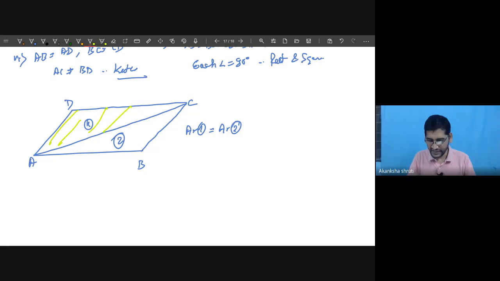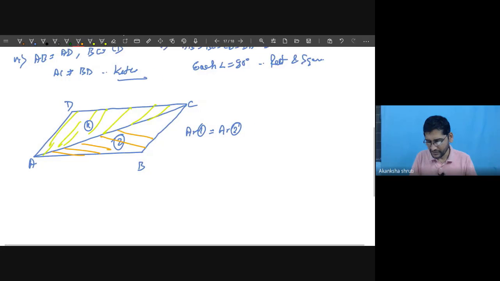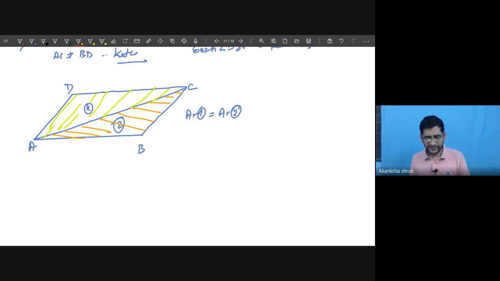Whatever area you calculate, the same will be the area of the other triangle also. It is the very first property.